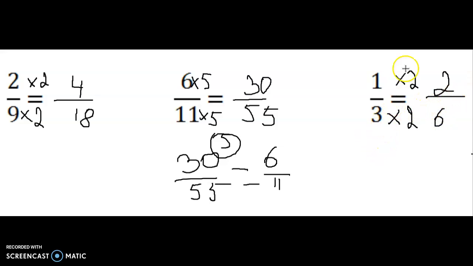We could pick a bigger number here, and this is just to make it easier to remember and use in the future for simplifying fractions, because simplifying fractions is sometimes a little bit tricky, especially when it comes to big numbers.